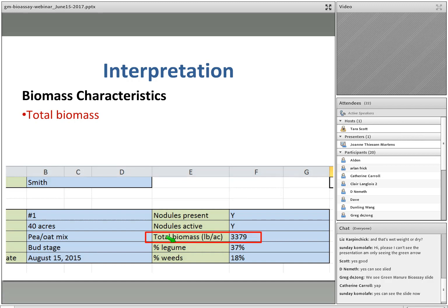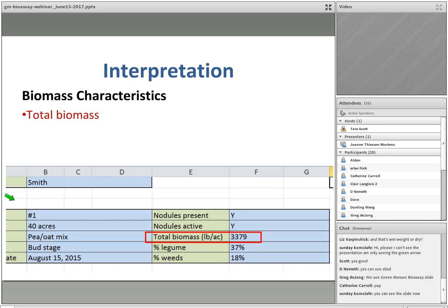So the total biomass of the green manure, we don't have target values for those, but generally speaking, more is probably better, but there can be a wide variety of reasons why you might have a low amount.